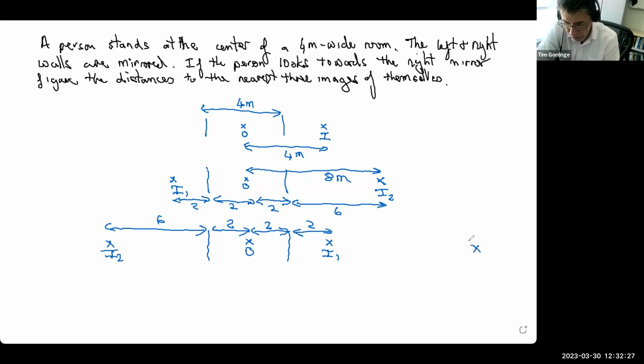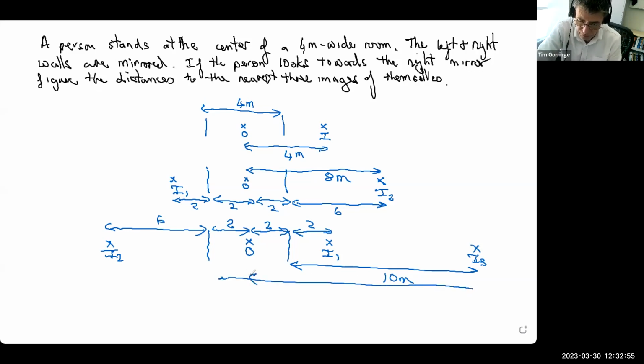And we draw that somewhere over here, 10 meters. And that means that the total distance from this image, I'll call that image number 3, the third image that the person sees of him or herself in the right-hand mirror, is going to be a total distance of 10 meters plus half the width of the room, 2 meters away from the object.